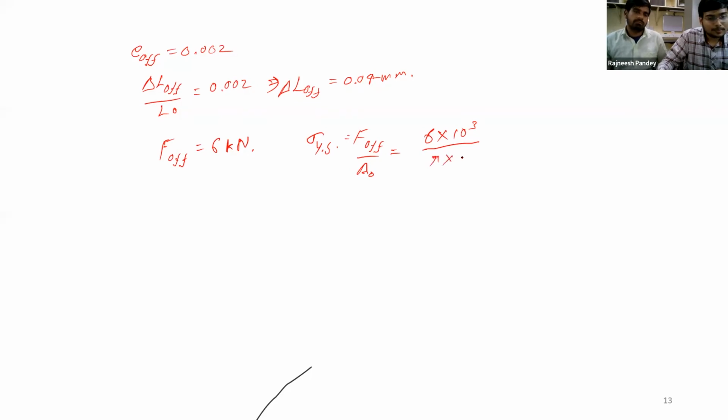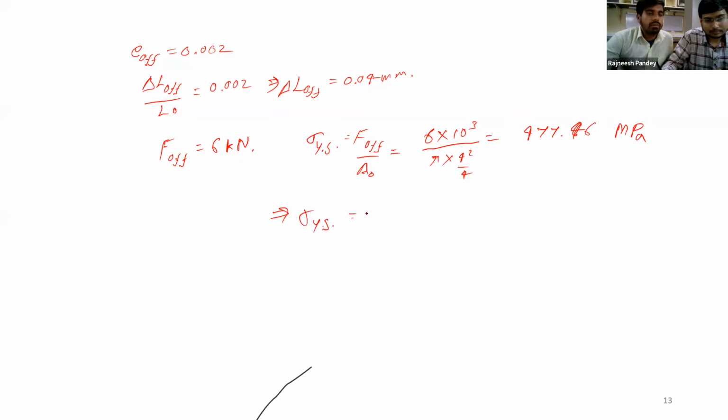So pi into 4 square over 4, and upon calculation it will come out to be approximately 477.46 MPa.